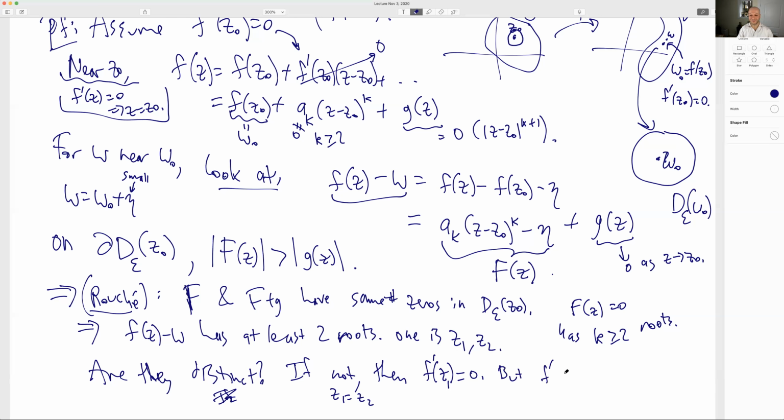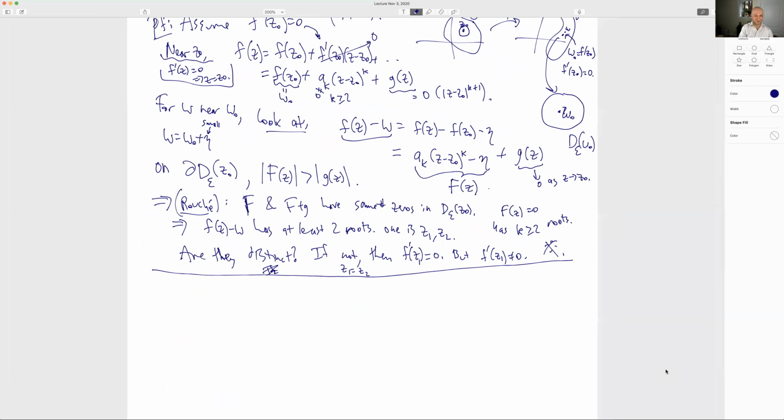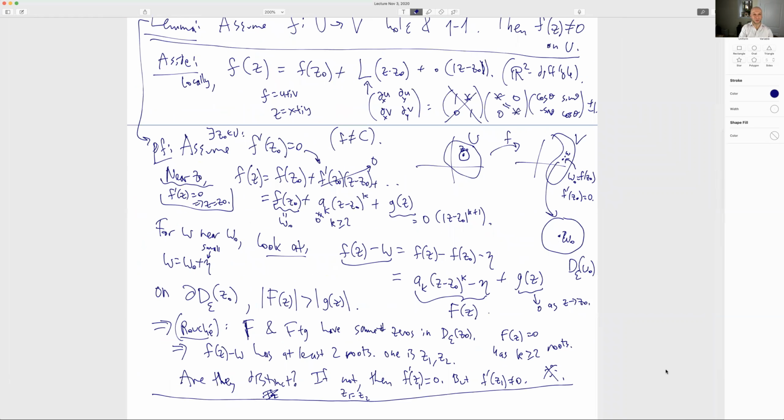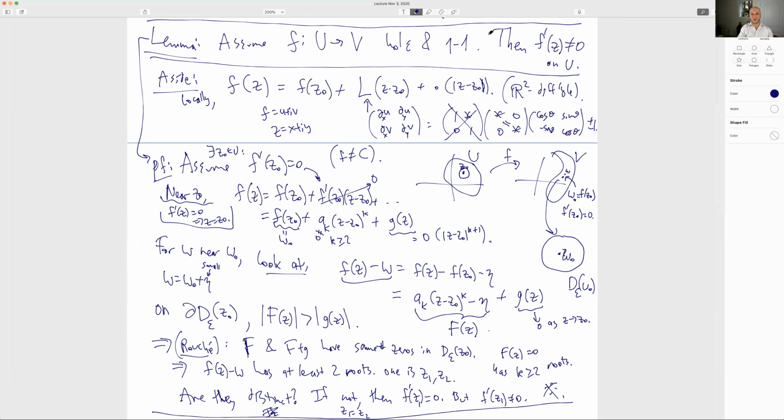That's the contradiction, if you like. It's not really a proof by contradiction; it's more of a proof by contraposition. But you're one-to-one basically if and only if the derivative doesn't vanish.